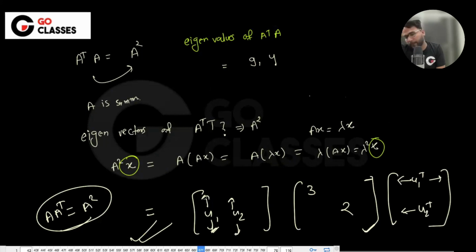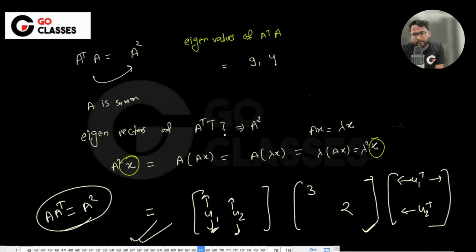They have to be perpendicular to each other. So the eigenvectors of A transpose A.